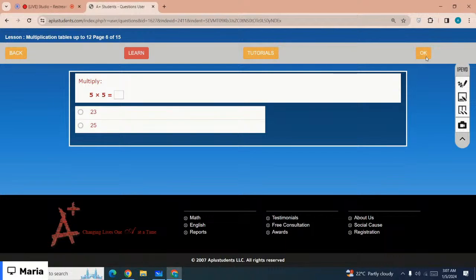Multiply 5 times 5. Which is the correct option? You can count a table of 5 until 5. So 5 times 5 equals, very good. The correct option is 25. 5 times 5 equals 25.